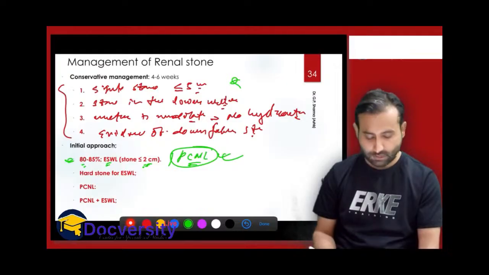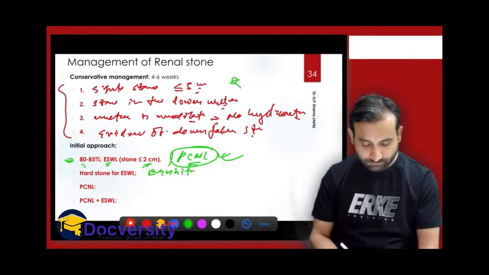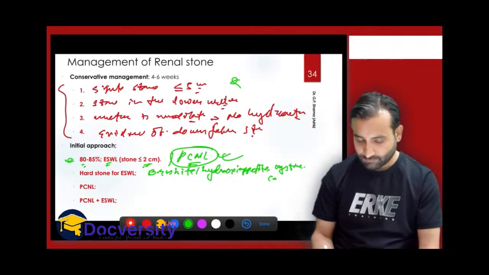And some of the stones are harder for the ESWL. Those stones which are hard for the ESWL are brucite stone, hydroxyapatite stone, cystine, and calcium oxalate monohydrate, right?